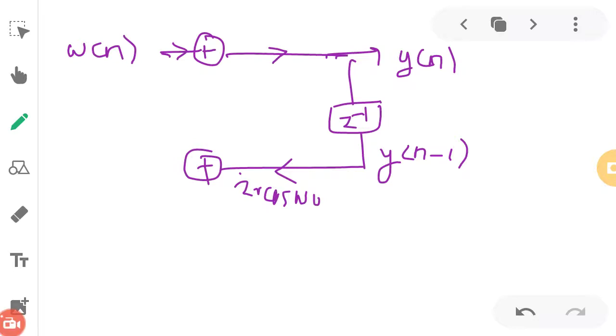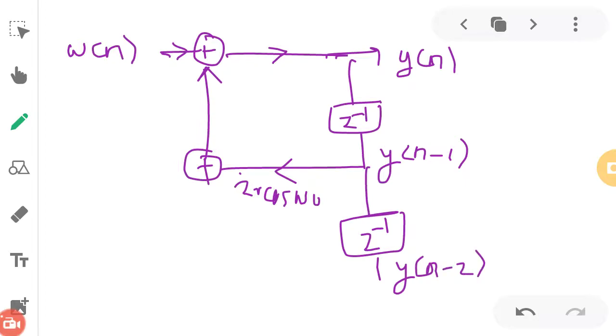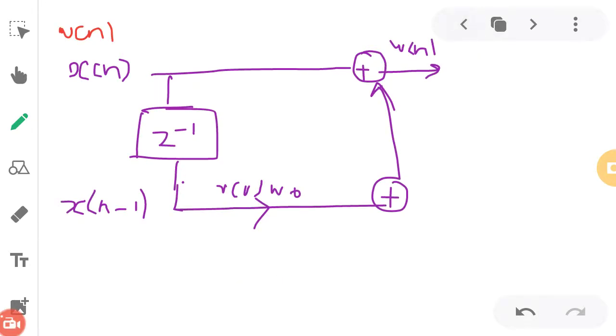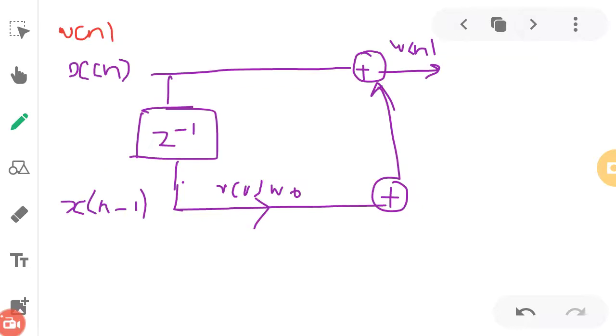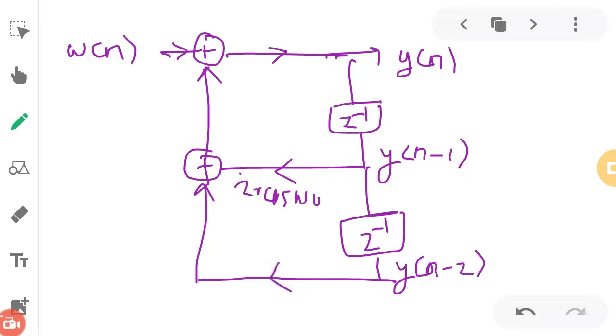Then I will add this one with this, and again I want to find y of n minus 2. For that I will take the Z inverse, and this will be y of n minus 2, and again I will add this with this. What is the coefficient of y of n minus 2? That will be minus r square, so I will represent it here as minus r square. Okay, now we have y of n and w of n.